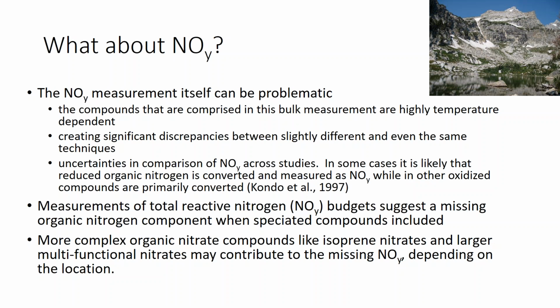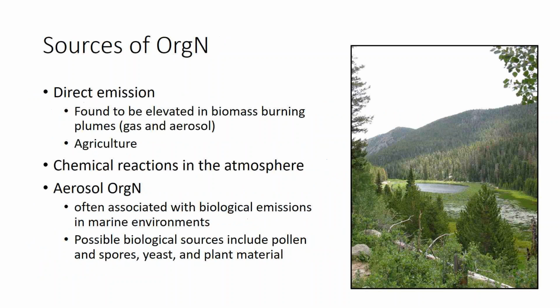There are some potential compounds, like more complex organic nitrates and isoprene nitrates, that can contribute to this missing NOy, but that could be pretty location dependent, and probably more work needs to be done to better characterize and identify what should actually be measured as an NOy, or if a focus should be on the speciation, and I think that's really where the community is going regarding NOy.